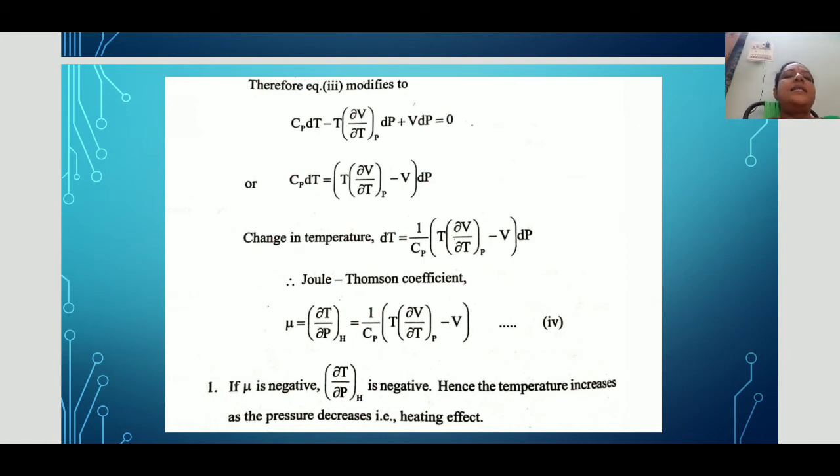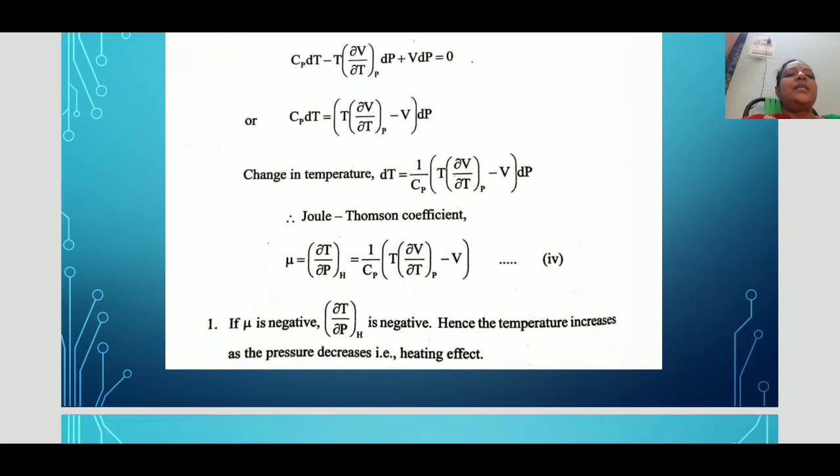Next step, Cp dT can be written as T dou V by dou T at constant P minus V into dP. So our aim is, what is the concept in this Joule Kelvin effect? There arises a change in temperature. So what is the change in temperature? By seeing this equation, dT can be written as dT is equal to 1 by Cp into T dou V by dou T at constant P minus V dP.